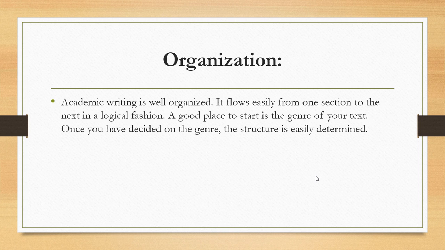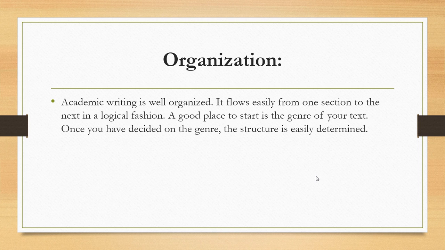Cohesion. A good place to start is the genre of your text. Genre means whether this is a literary piece of writing, whether this is a linguistic piece of writing, what type, what variety of writing this is.